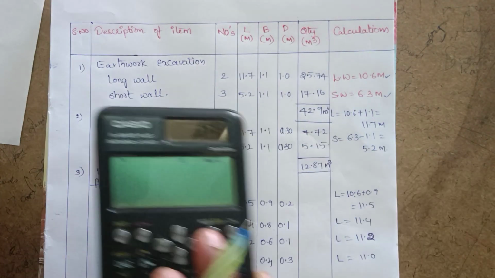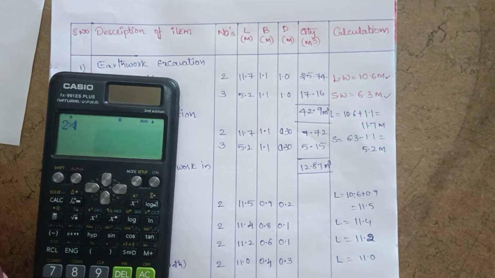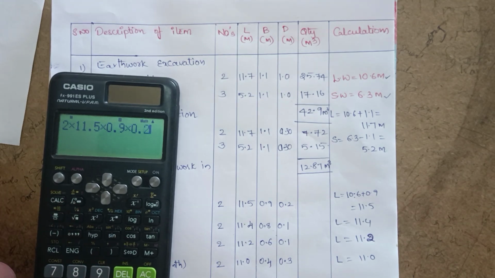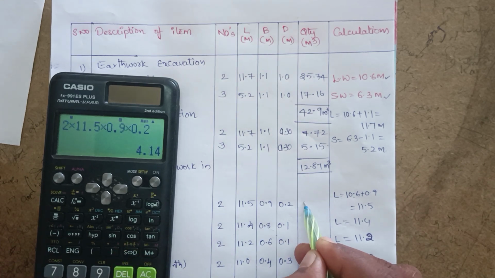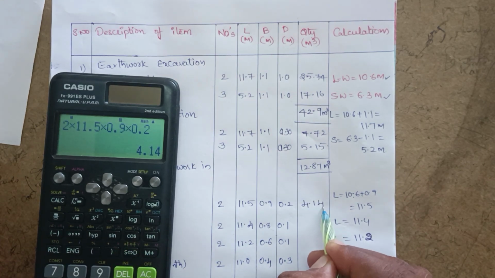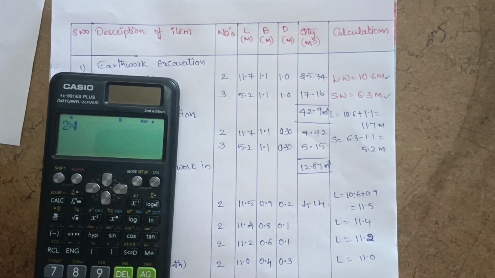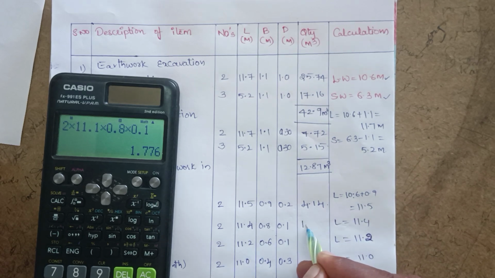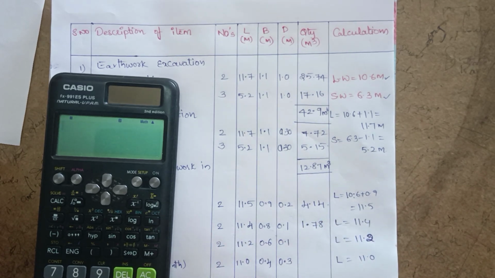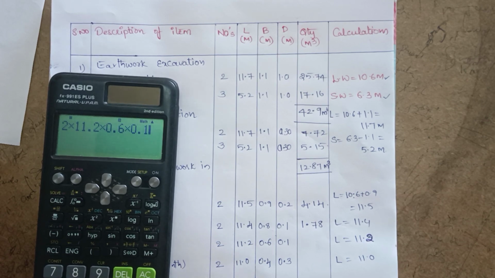We can calculate the quantities. 2 into 11.5 into 0.9 into 0.2, which comes out to be 4.14 meter cubes. The second one, 2 into 11.4 into 0.8 into 0.1, 1.78. 2 into 11.2 into 0.6 into 0.1, 1.34.